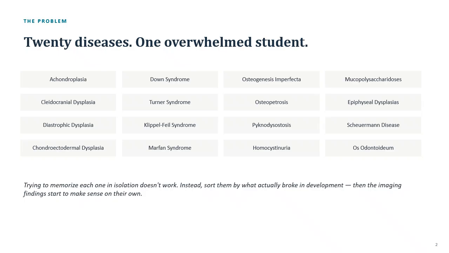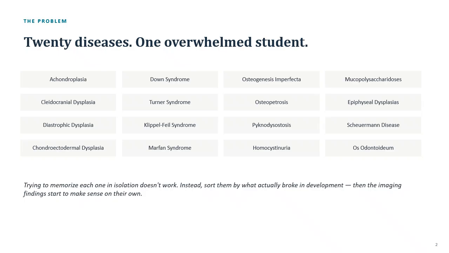The names alone can make this chapter a little daunting, but you may also recognize that a few of these diseases may be familiar to you by name, such as Down syndrome, Turner syndrome, achondroplasia, osteogenesis imperfecta, and there may be a few more that stick out to you, while others are probably completely new.